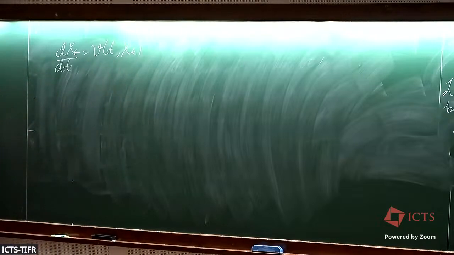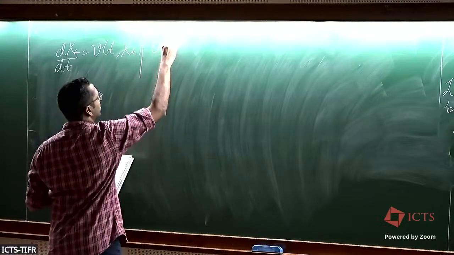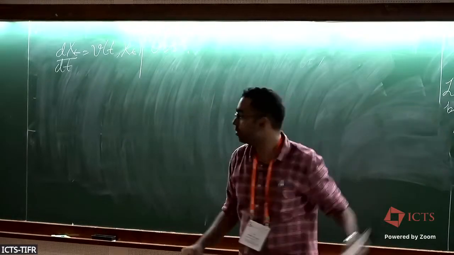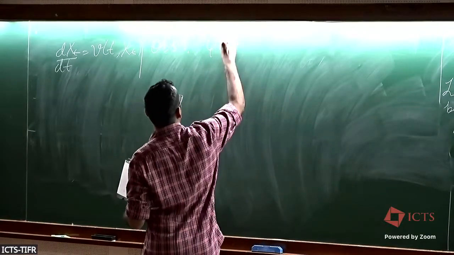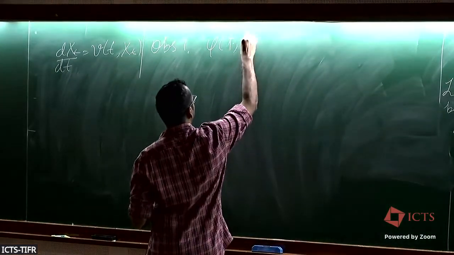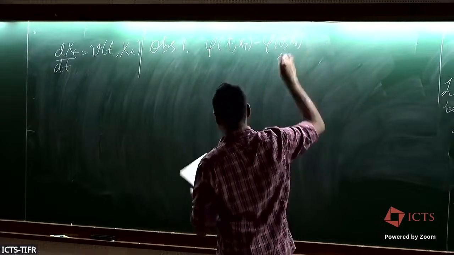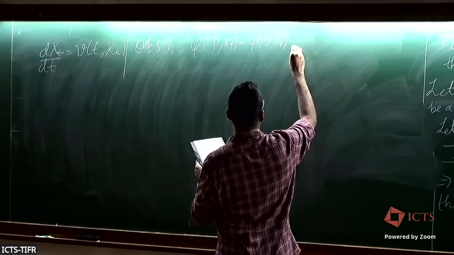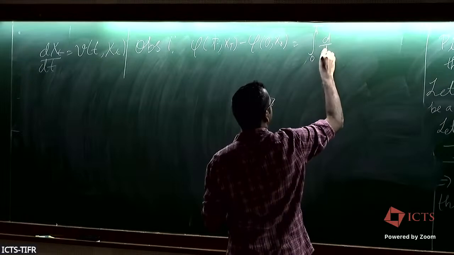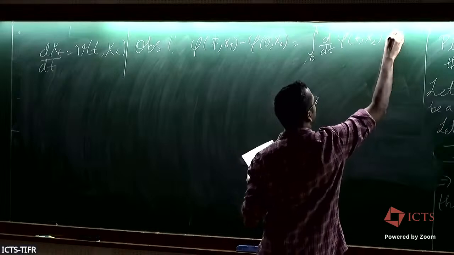So now we have the first observation. For any C_c infinity function phi, which I told you, we have phi(T, x_T) minus phi(0, x_0) is equal to the integral from 0 to capital T of d/dt of phi(t, x_t) dt.